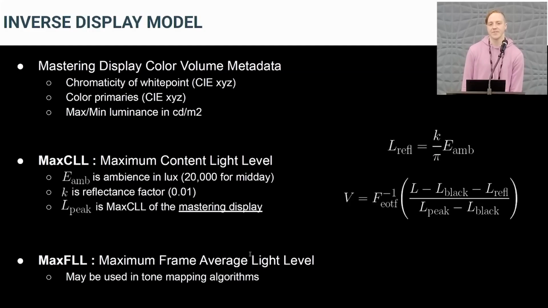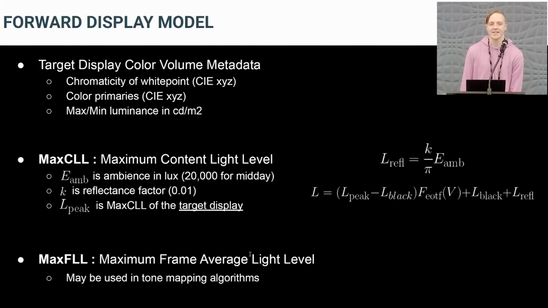You might use max FALL though in other tone mapping algorithms other than ICAM06. If you're going from lower brightness to higher brightness, you use a forward display model. This is pretty much not necessary though, because you only really account for the display model in going from HDR to LDR, and LDR displays are so low fidelity that they don't differ meaningfully. So this step really is not necessary in the vast majority of cases.